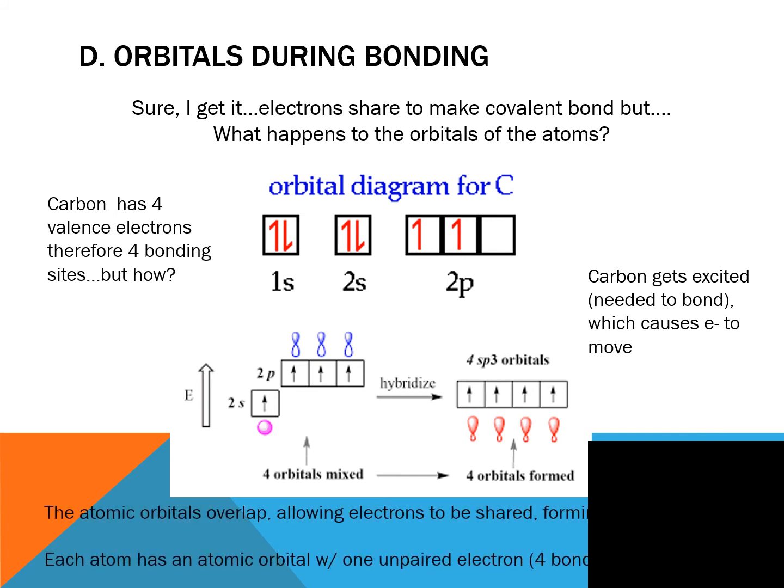So these atomic orbitals that overlap, they allow electrons to be shared now and form 4 bonding sites. So each one of these will bring in an electron to share to form a covalent compound. And that's how these orbitals interact and make the bonds. So they have to hybridize first, and then they allow bonding sites to occur.